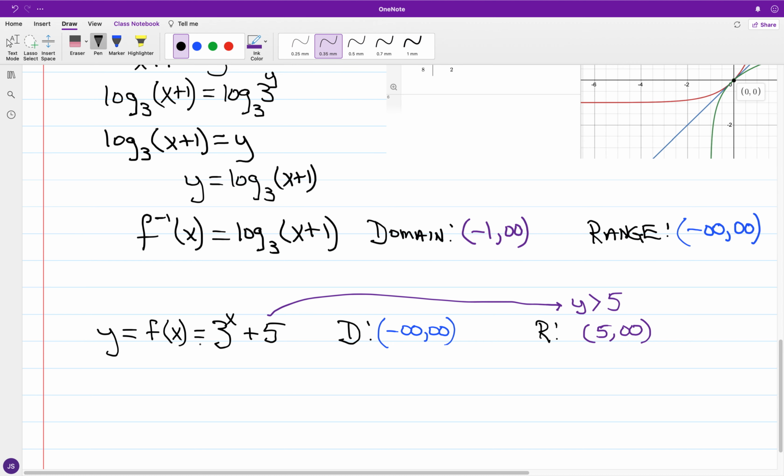And just looking at determining the inverse of this function, we got y is equal to 3 to the x plus 5.